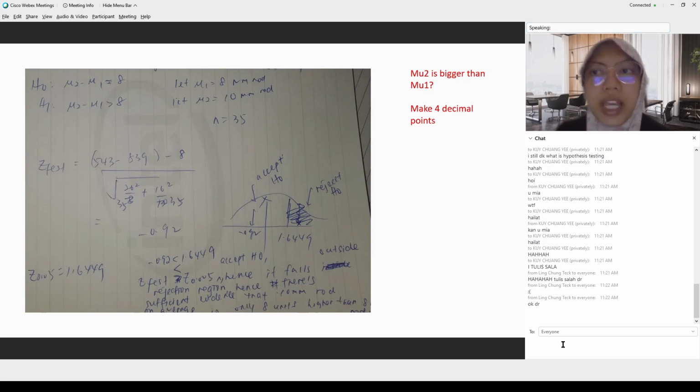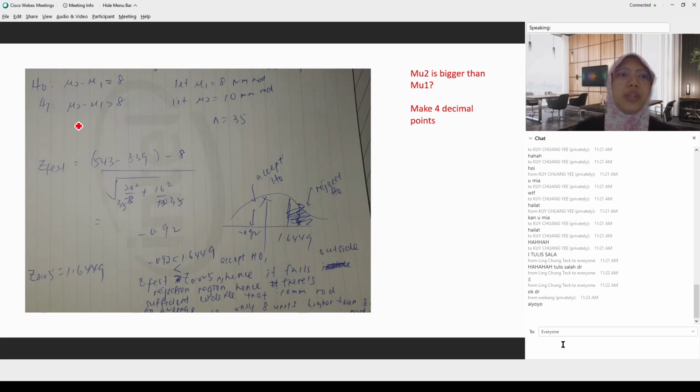Why is mu2 bigger than mu1? Here we have mu2 minus mu1 less than or equal to 8, and here mu2 minus mu1 more than 8.